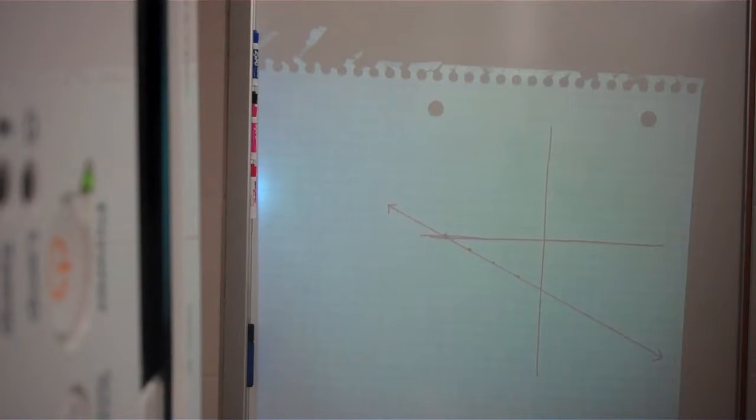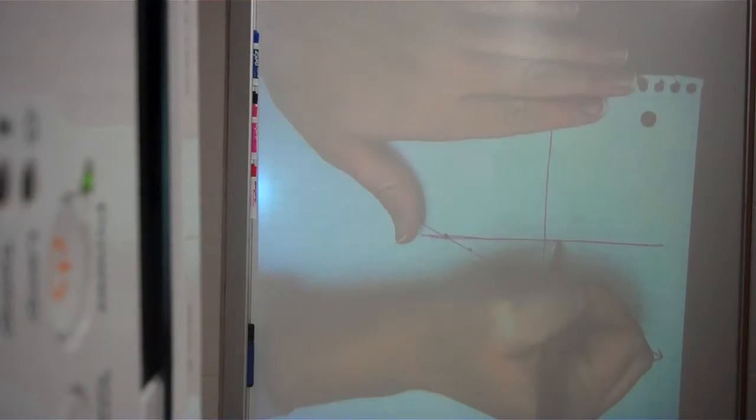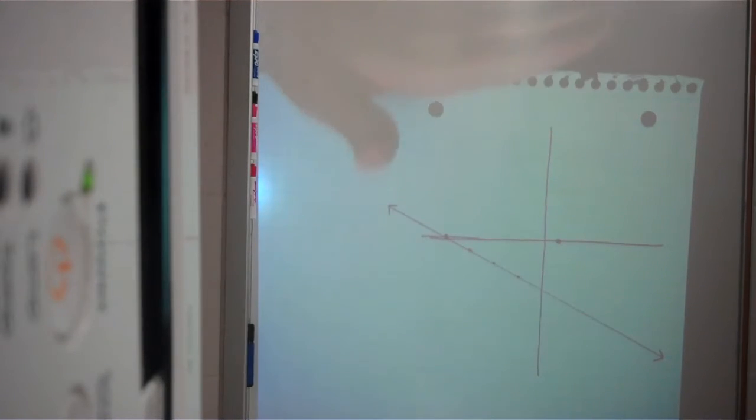Now my other equation was y equals negative x plus 1. What is my y-intercept? Okay, good. So I'm going to go to the point (0, 1). Okay, what is my slope? It was negative x plus 1, so that was my slope.